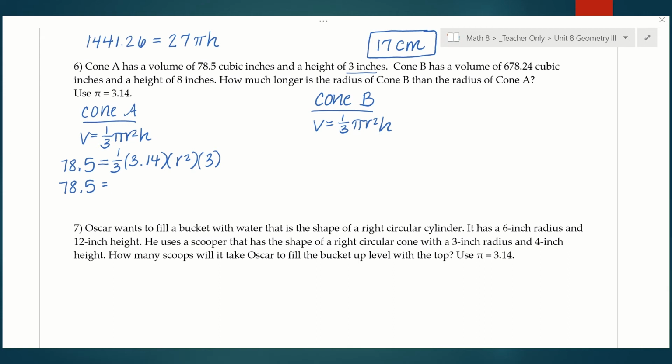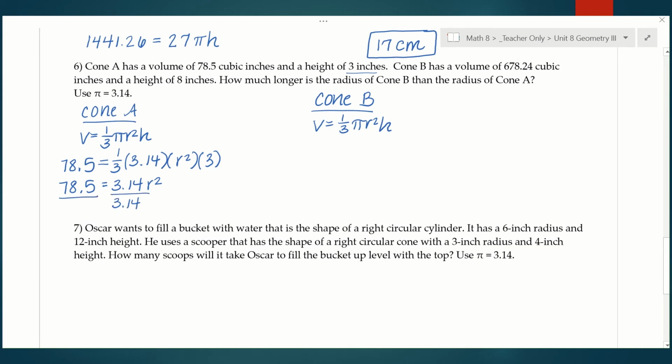And 1 times 3.14 is 3.14. So when you multiply those three numbers together, you should get 3.14. Now, in order to get r squared alone, we need to divide both sides of the equation by 3.14. That would be the opposite operation.